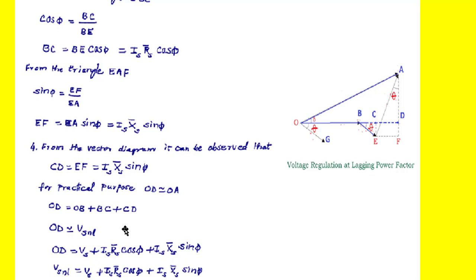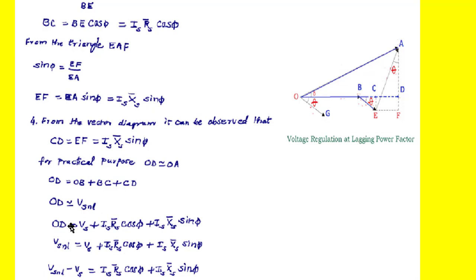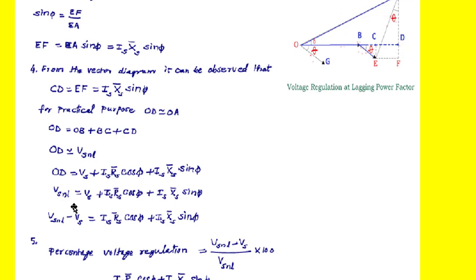Next, CD we just now calculated here, which is equal to the EF, because CD and EF are parallel and same length. So we write here Is Xs bar sin phi, and we are replacing this OD with VSNL. So once we replace that, we get like this. VSNL is equal to Vs plus Is Rs bar cos phi plus Is Xs bar sin phi.